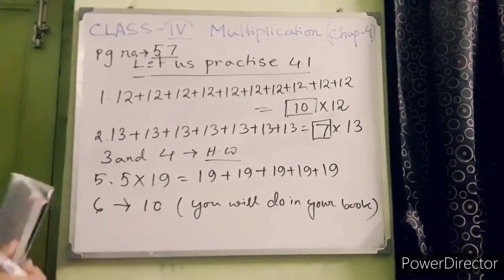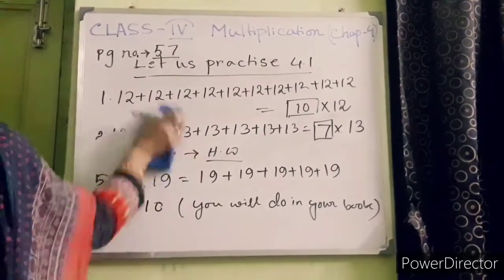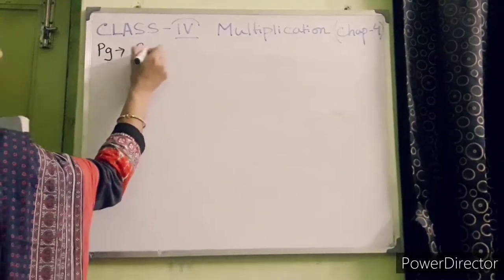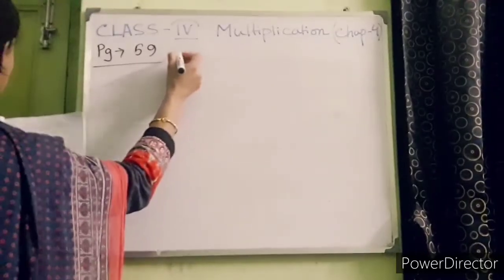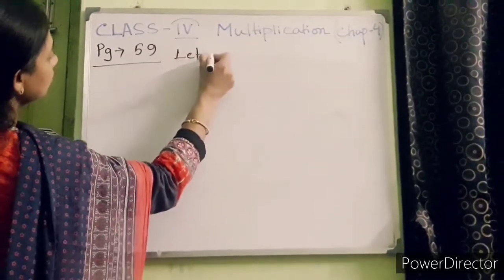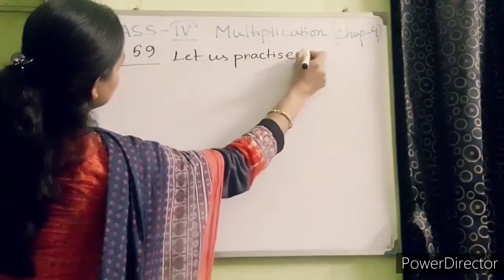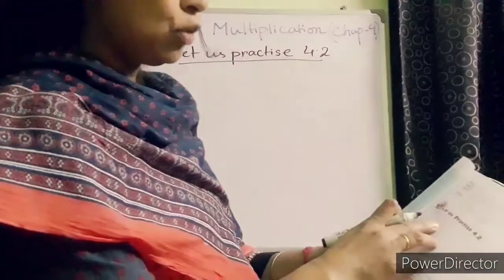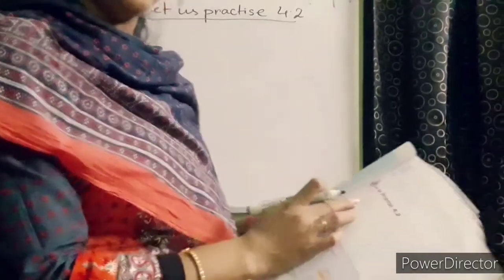Now let us practice 4.2, page 59. First one, multiply 5827 using the table of 11.